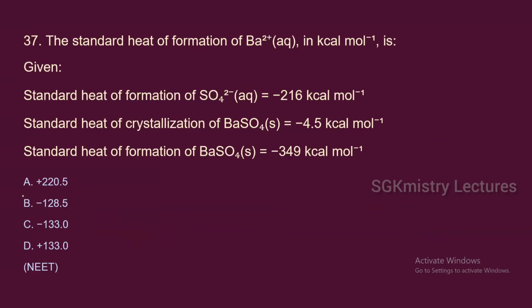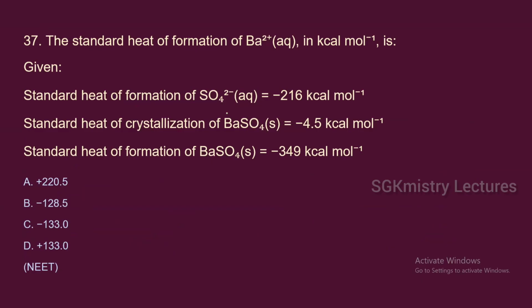Next, question number 37. The standard heat of formation of Ba2+ aqueous, this particular ion, in kilocalorie per mole is. They have given the standard heat of formation of sulfate ion, standard heat of crystallization of barium sulfate, and standard heat of formation of barium sulfate.